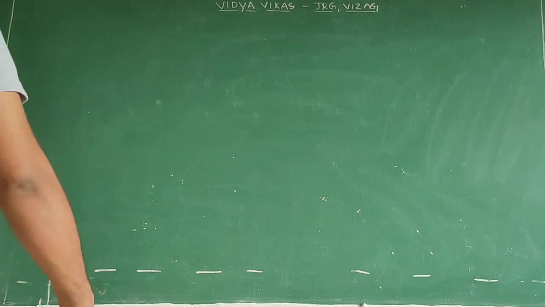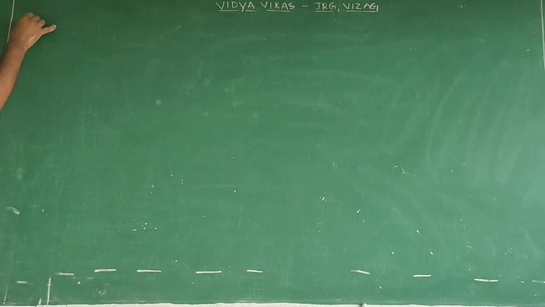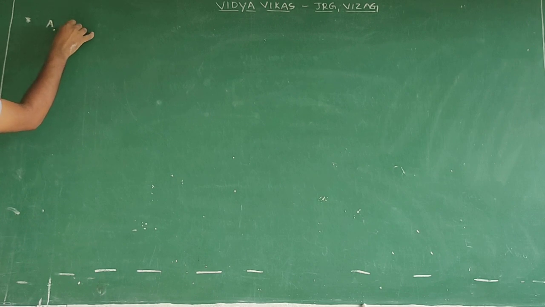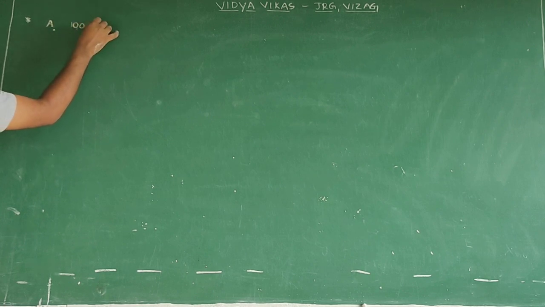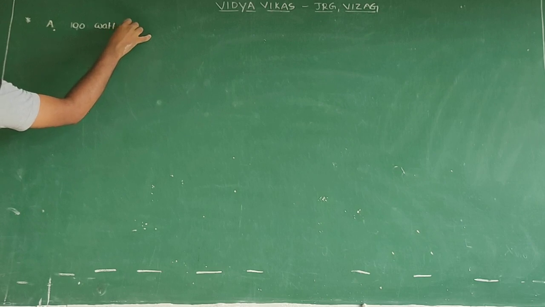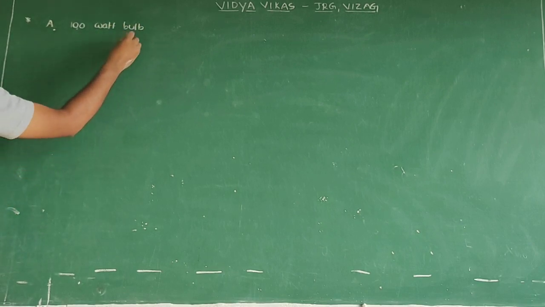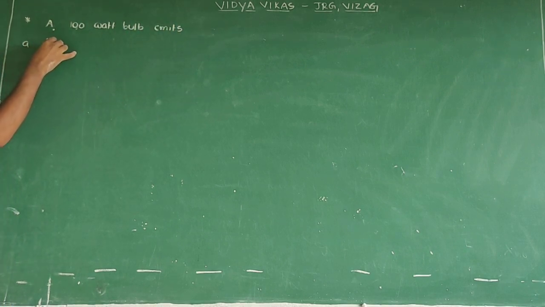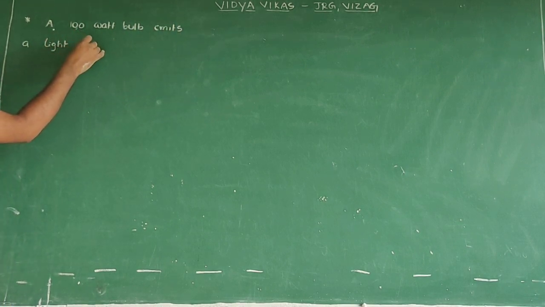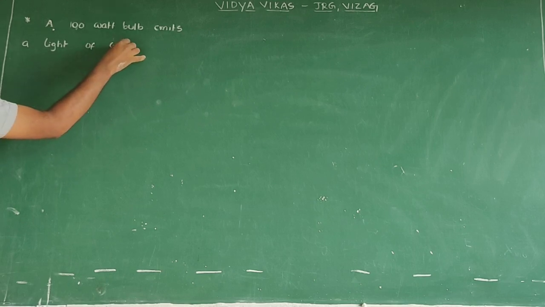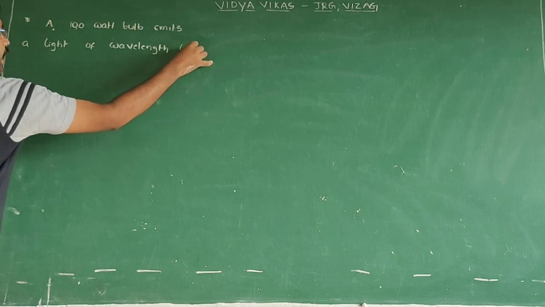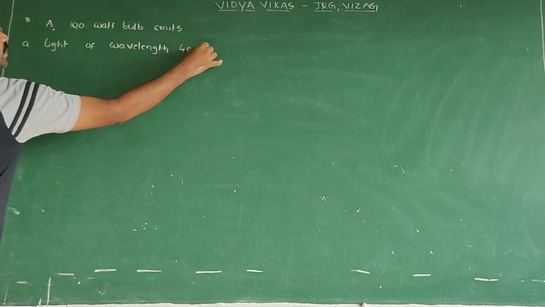Students, next problem, a very important model from the objective point of view. The problem goes: a 100-watt bulb, please observe this one, emits a light of wavelength 400 nanometers.